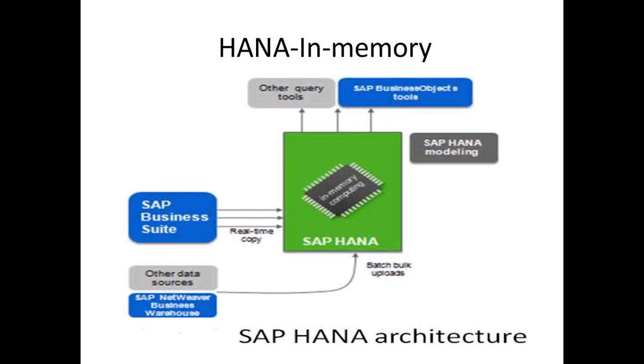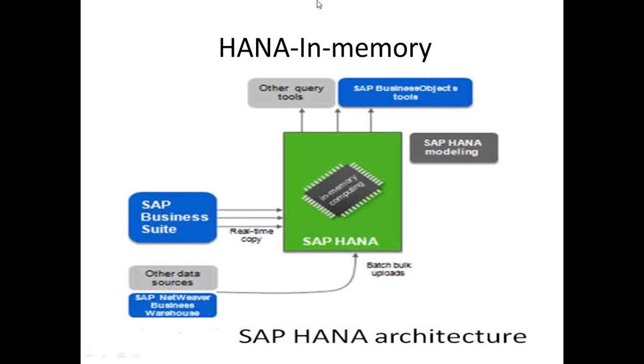Here you have data brought in from different systems. The appliance itself is a combination of hardware and software. The hardware is provided by SAP's partner vendors like Cisco, HP, IBM, Dell, and all of these, and the software is done by SAP. You're trying to channelize these extremely fast servers using the interface which is called the SAP HANA Studio.